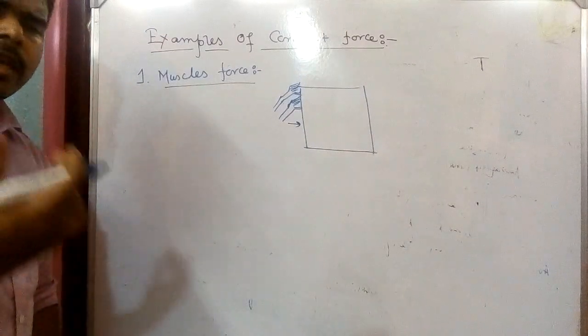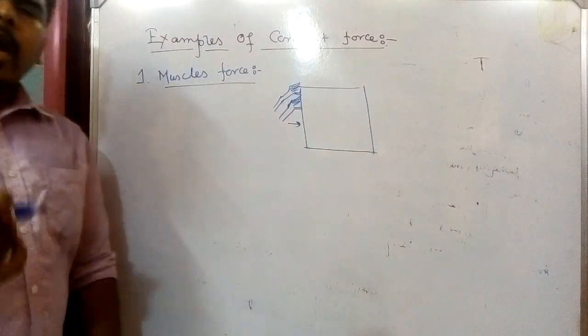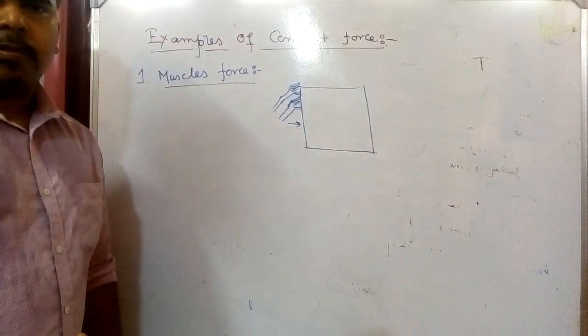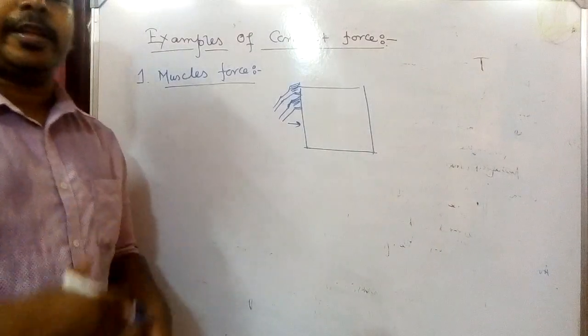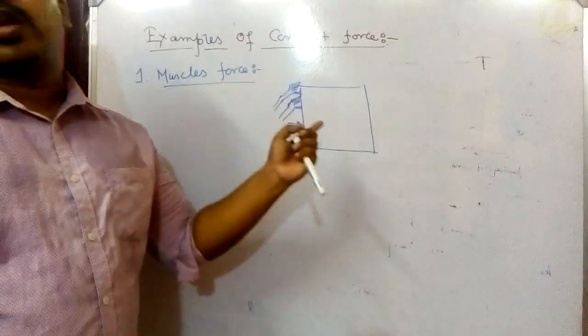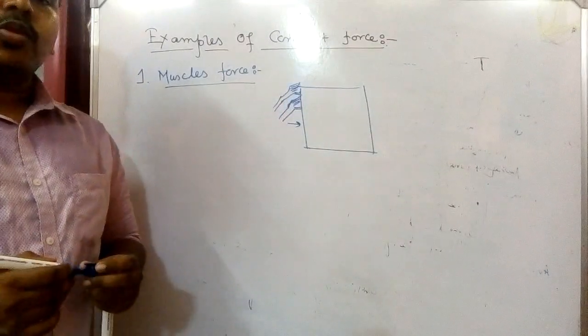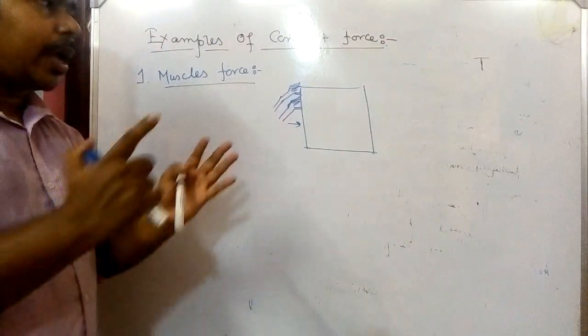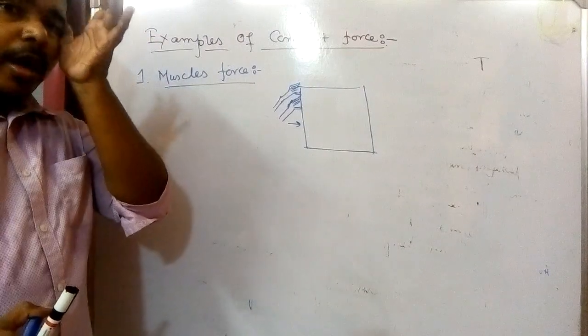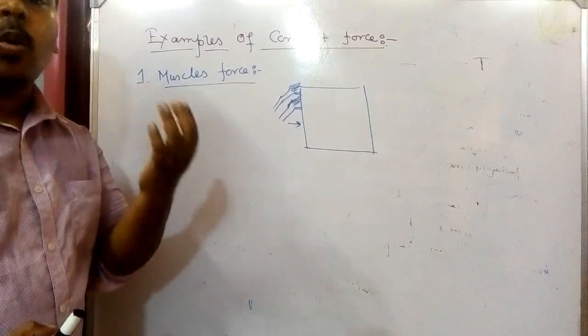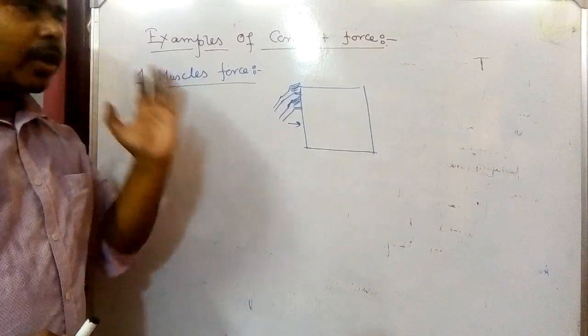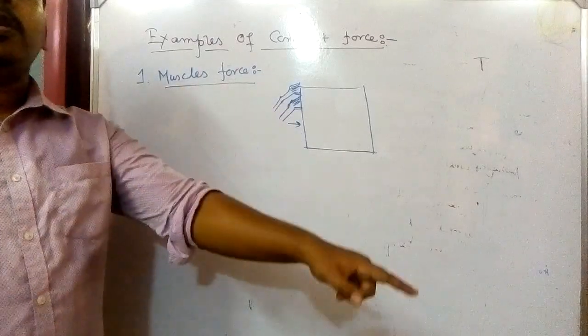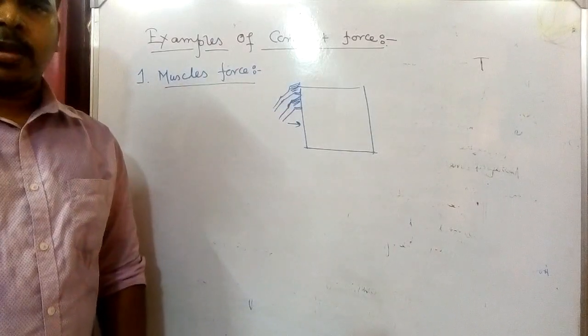Any pushing or pulling done by some person by his own effort, those forces are known as muscle force. We can apply muscle force to a body only by making physical contact. If we are not able to touch the body, then I can't apply my muscle force there.